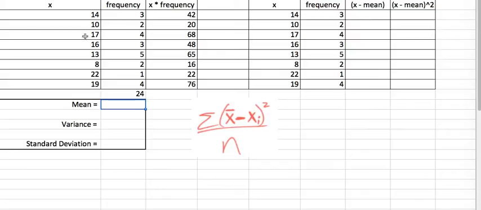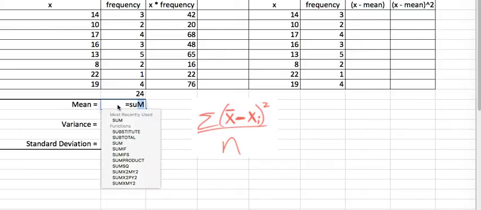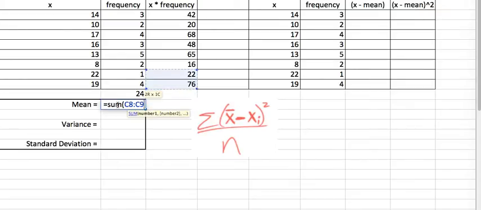You get the idea. I multiplied, so now I'm going to add all those up, and I'm going to divide by the sum of the frequencies, because that's how many scores there are. And notice here, this ended up becoming 14.875.